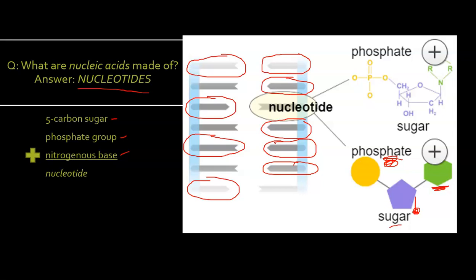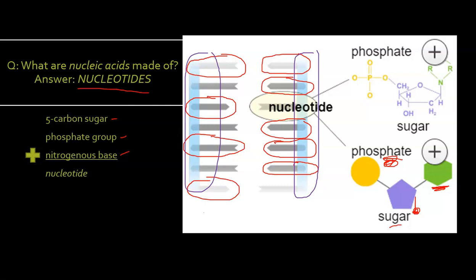Okay, now the next thing I'm going to do is change the color. We're going to make a big old mess out of this. Let's use green. No, I don't want to use green because that would be the nitrogenous base. We'll use purple. So this blue strip that you can see I'm circling is called the sugar phosphate backbone.